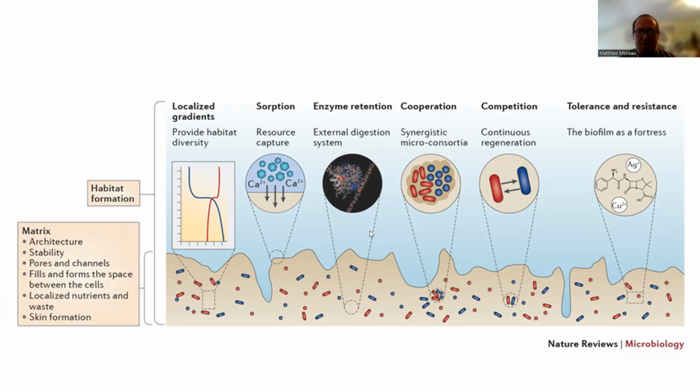And so you have the situation where you'll have cells that can be involved in resource capture. You have cells that can cooperate with one another, right? Especially so, if these outside cells are really good at metabolizing starches, the ones on the inside might be really good at metabolizing glucose.